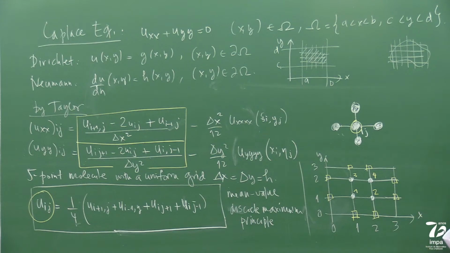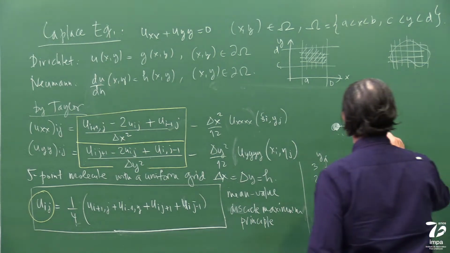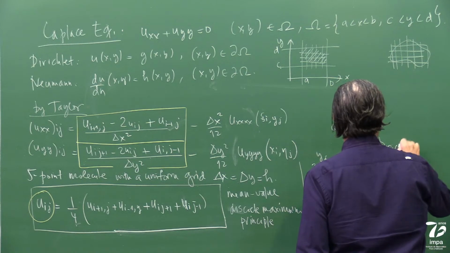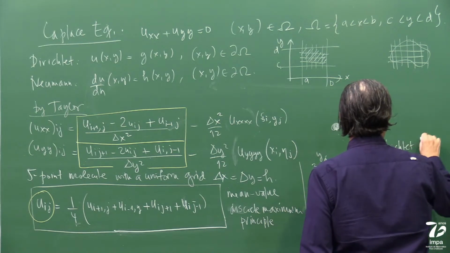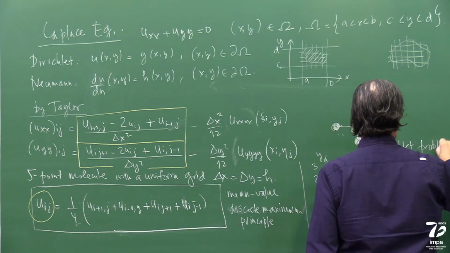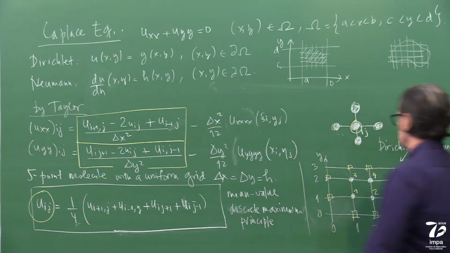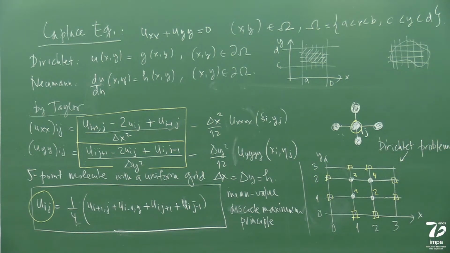So if I'm solving a Dirichlet problem on this grid, you already understand my color convention, right? The nodes where I need to find my harmonic function, I number them 1, 2, 3, 4.